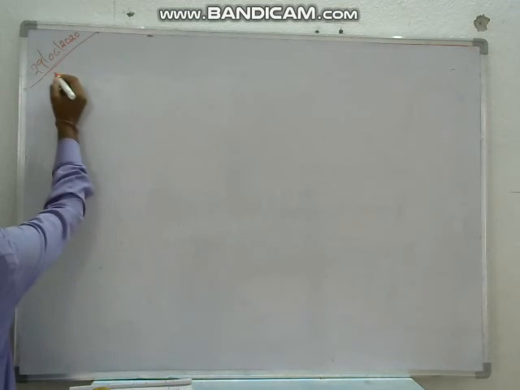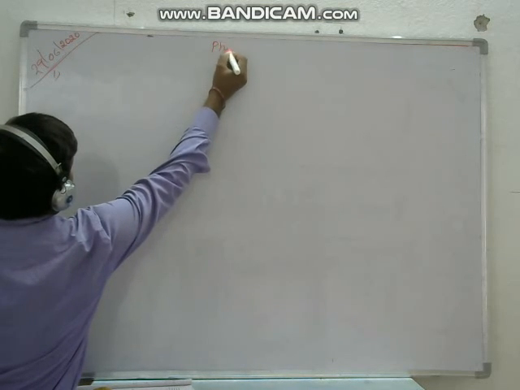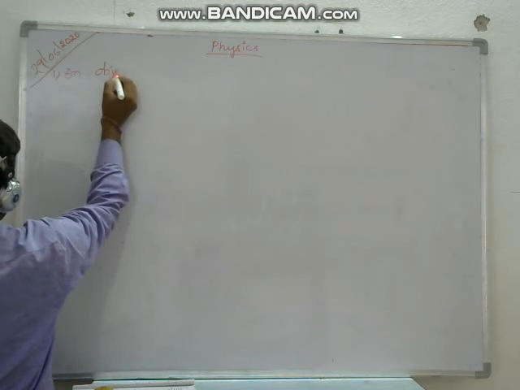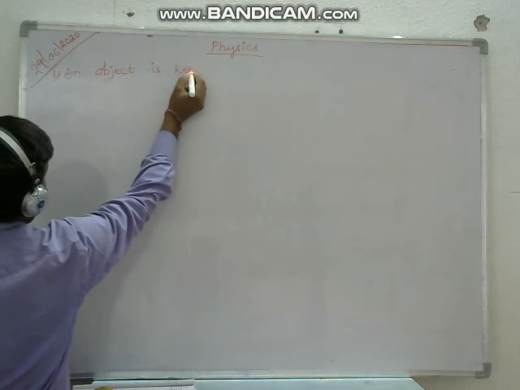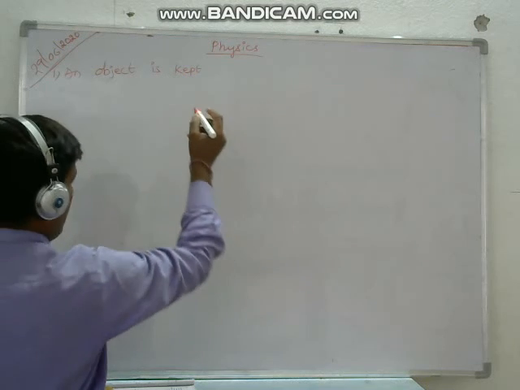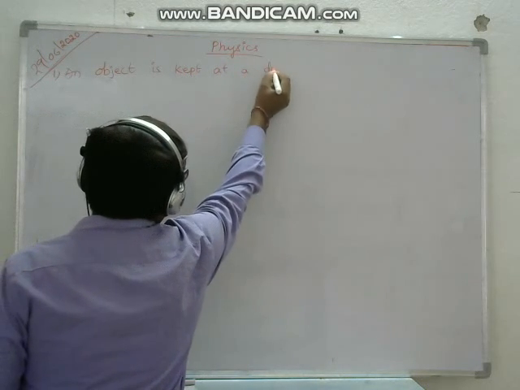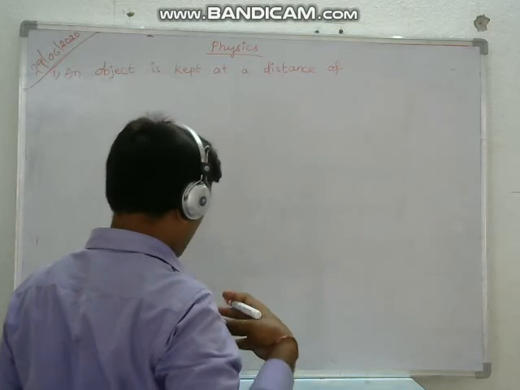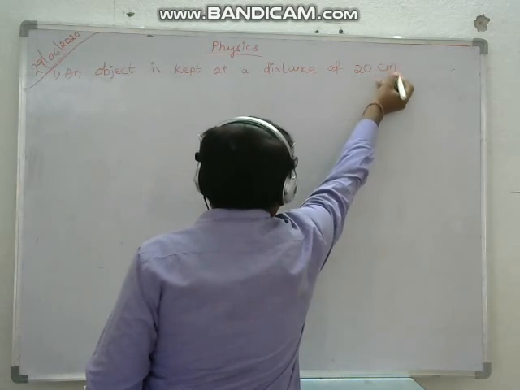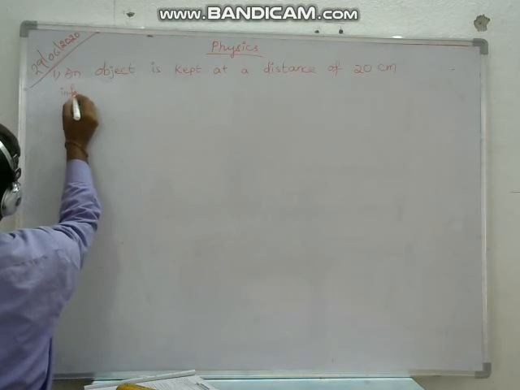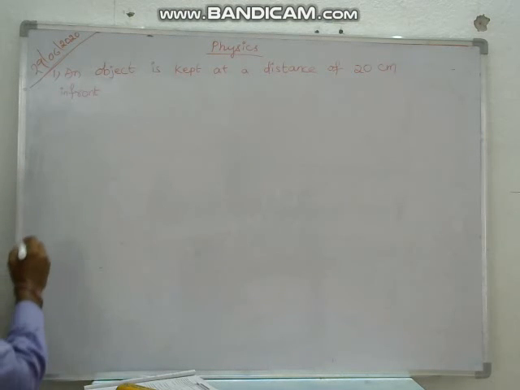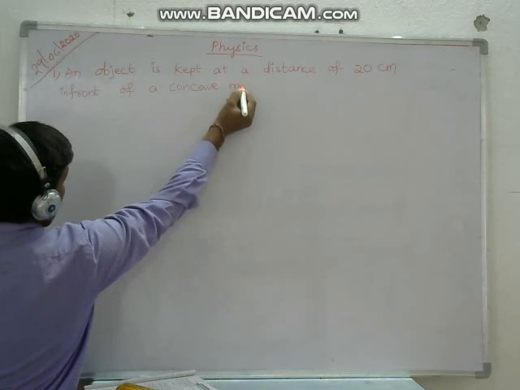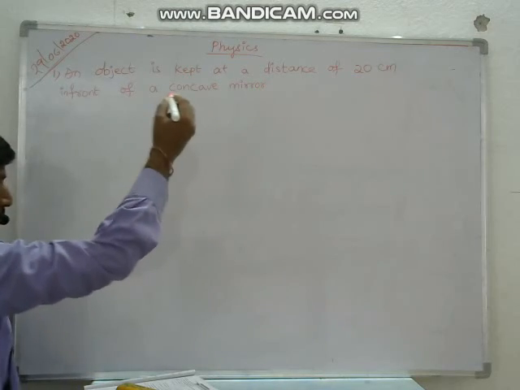An object is kept at a distance of 20 centimeter in front of a concave mirror.